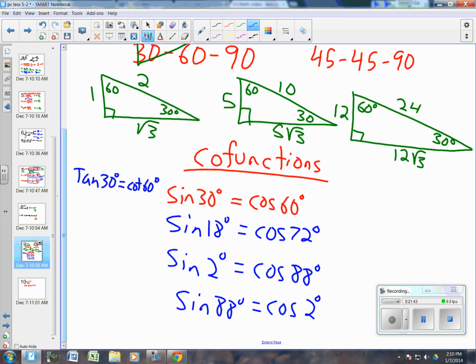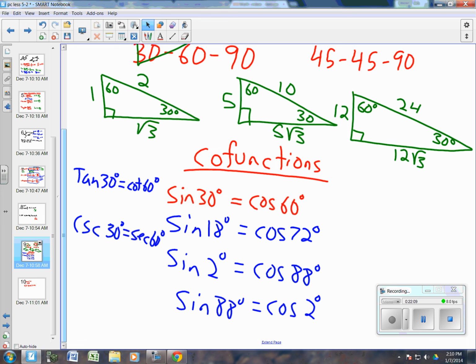Okay? And the other one that works is cosecant and secant. So if the angles add up to 90 degrees, and you take the cosecant and the secant of each of them, they're going to be equal. We call those cofunctions. Okay? Any questions there?